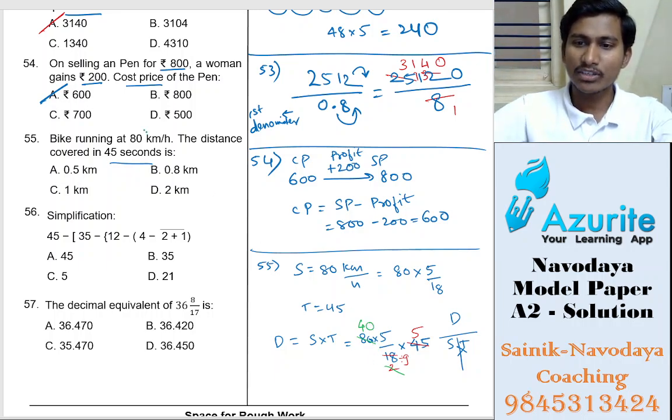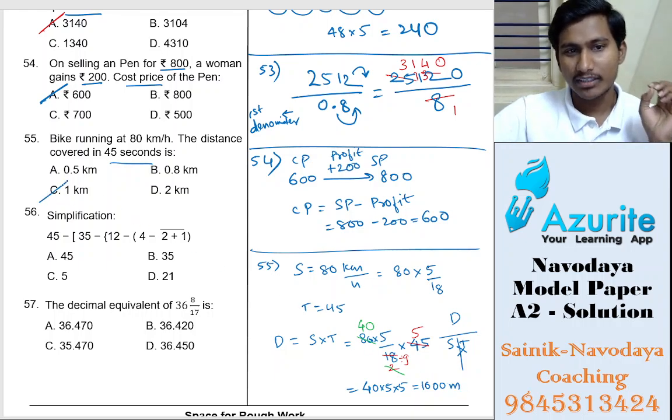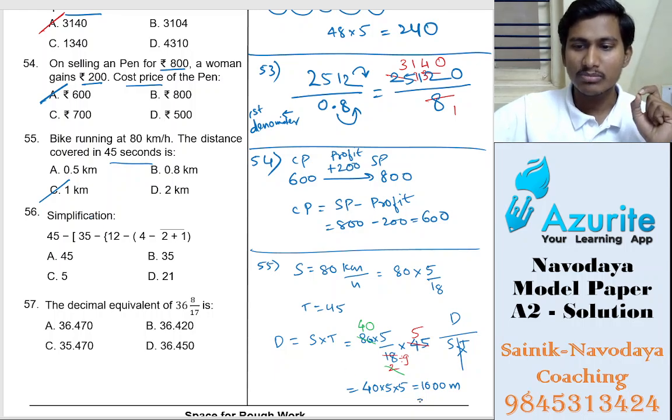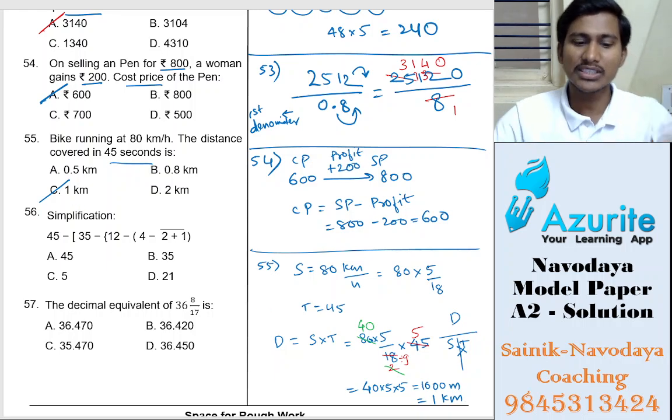What will be remaining now? 40 into 5 into 5. 40 into 5 is 200. 200 into 5 is 1000 meters. So that is 1 kilometer. The answer is 1 kilometer. 1000 meters means 1 kilo. 1 kilometer is the answer, option C.